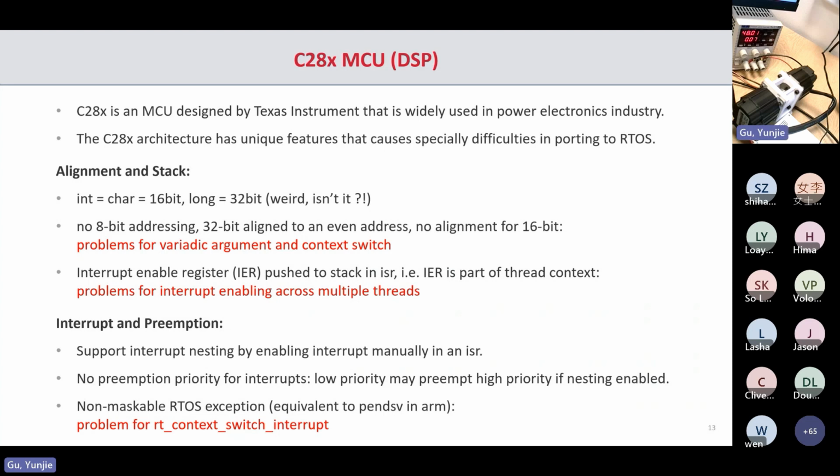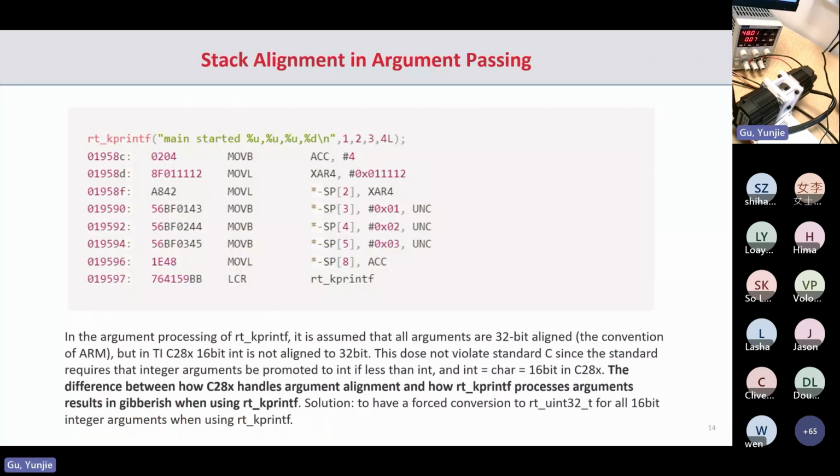That means whenever you trigger this, it's going to be responded to, even in an interrupt. And this also created a lot of trouble for us in porting the context switching assembly code. But fortunately, we managed to solve all these problems.